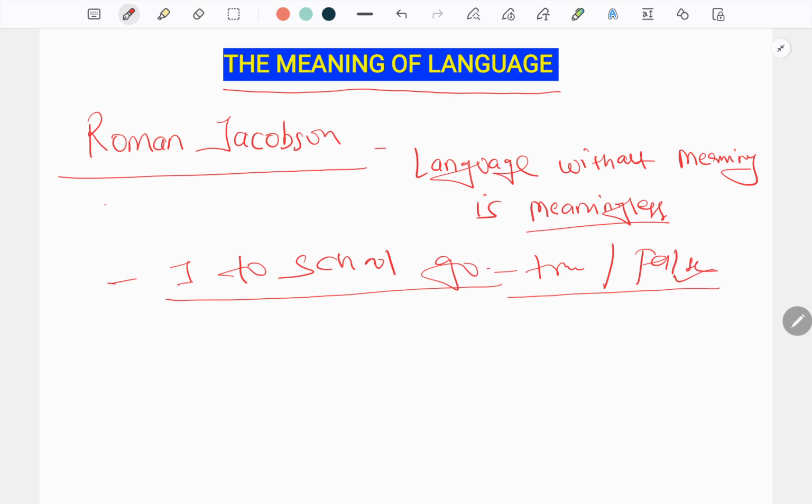If he hasn't linguistic knowledge, if he is from a very local area or from another country, he will say yes, this is true.